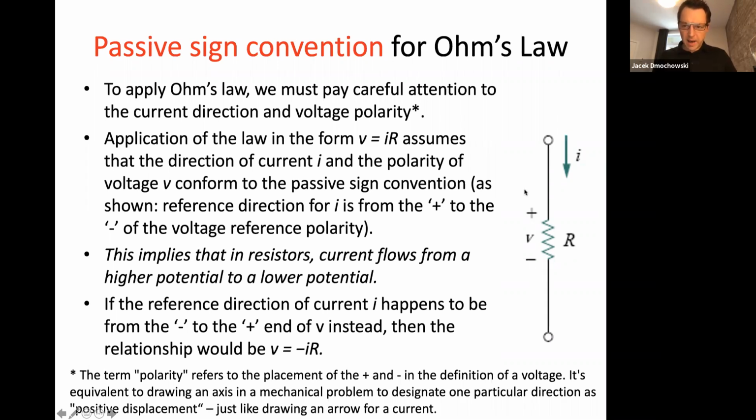Now, what happens if for some reason, let's say in our circuit, we ignore this now, and we have the current arrow entering the negative end. You can still apply Ohm's law. You just have to write the equation like this, right?